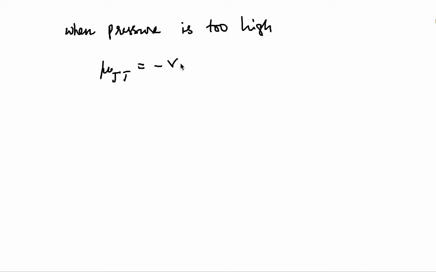So when pressure is too high, mu JT becomes negative. So mu JT, dou T over dou P at constant enthalpy, is negative.